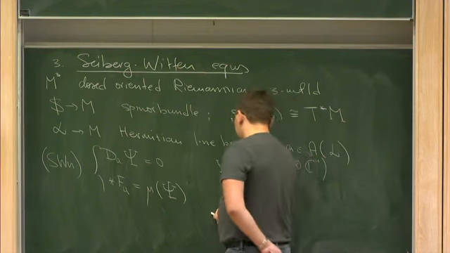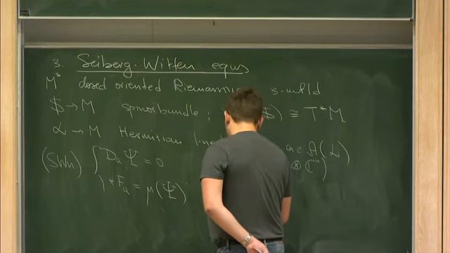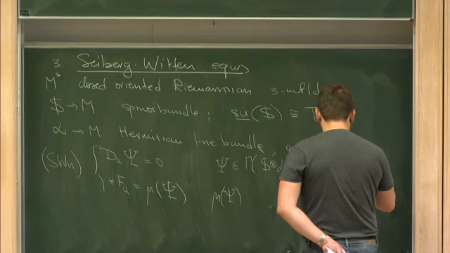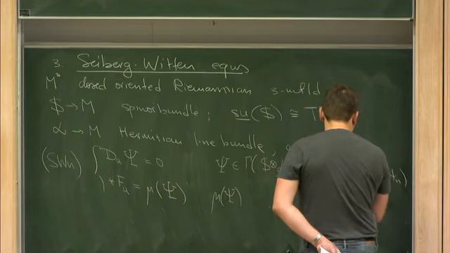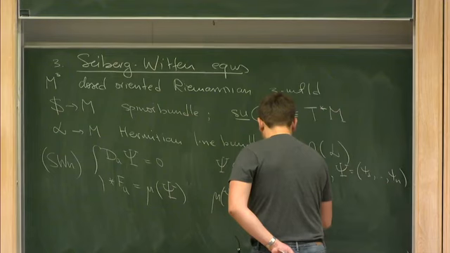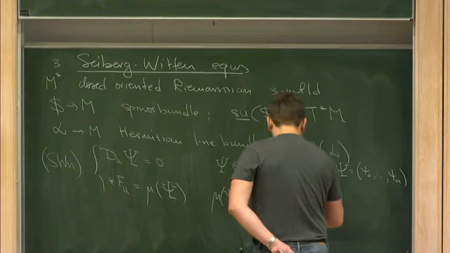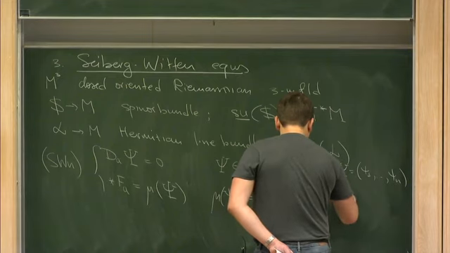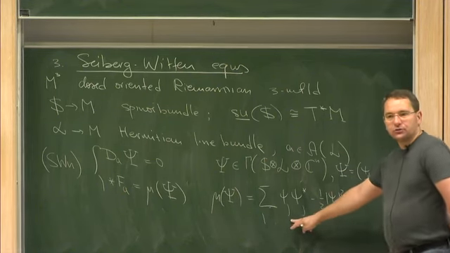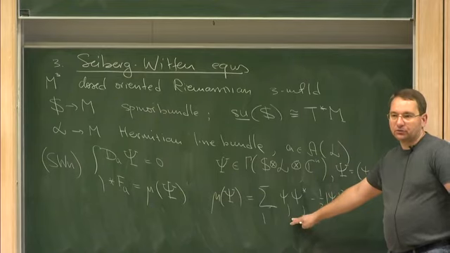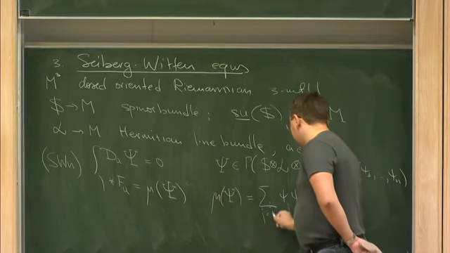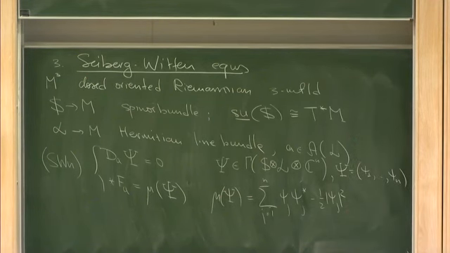And what is mu? Mu of psi: I can write psi as an n-tuple, say psi 1 through psi n, and then mu of psi is just the sum of psi j psi j star minus 1/2 norm of psi j squared. Each individual term appearing in the sum is the usual quadratic map appearing in the Seiberg-Witten theory, and what we do is just sum up all those terms applied to individual spinors.